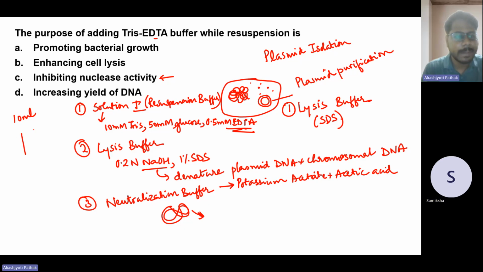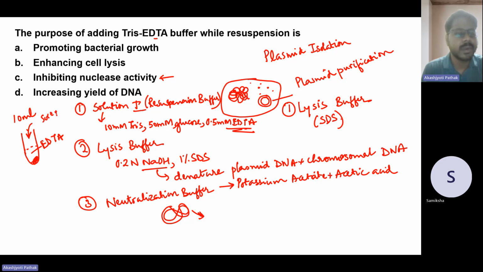So everything is taking place in a test tube, right? So you have the bacterial cells. You first add solution one. This solution one will have EDTA. Okay. And then you resuspend the cells. Then after adding the solution one, you add solution two.